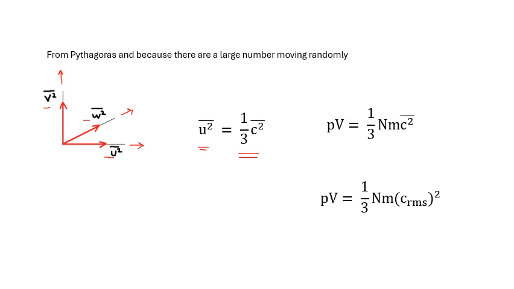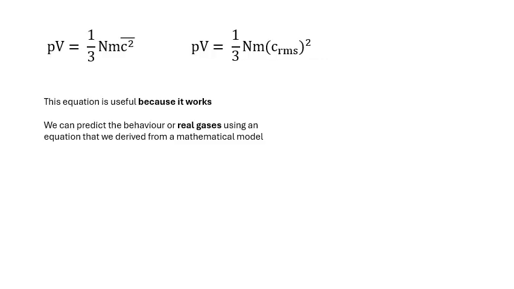So PV is a third Nm c squared bar, yay. Or PV is a third Nm c RMS squared. It's the same equation. Now, this equation is useful because it works. We got this equation from kinetic theory, from a mathematical model. But it actually works.